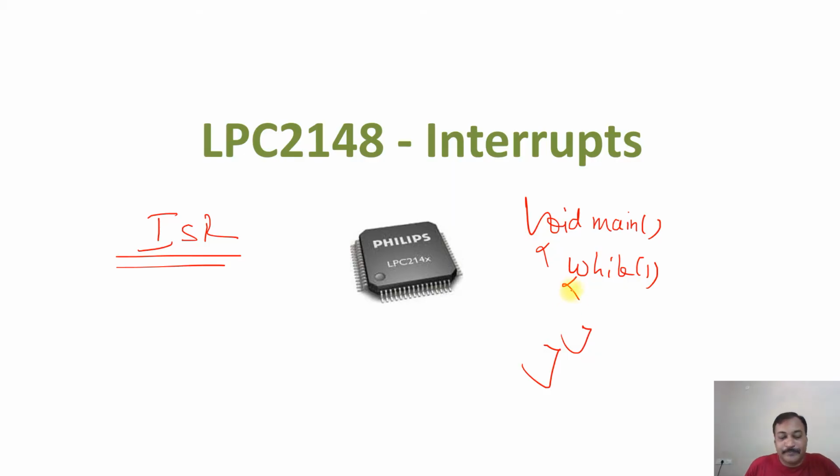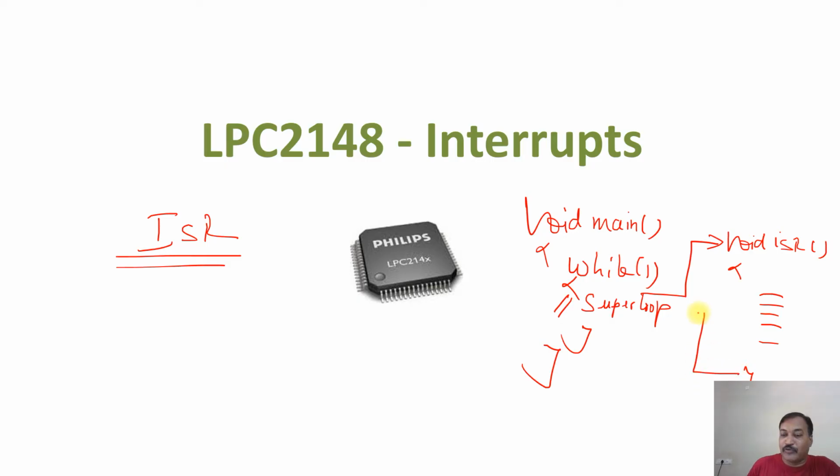This is the super loop. This is my ISR. So once an interrupt happens, the processor suspends whatever it is doing and then it jumps to the interrupt service routine, and upon completing this interrupt service routine it comes back to the super loop and then it executes the main program again.